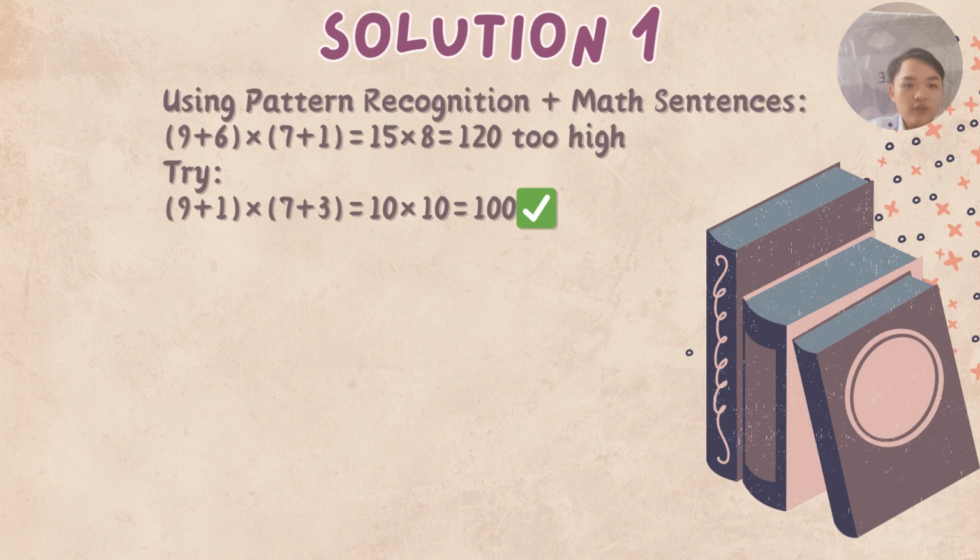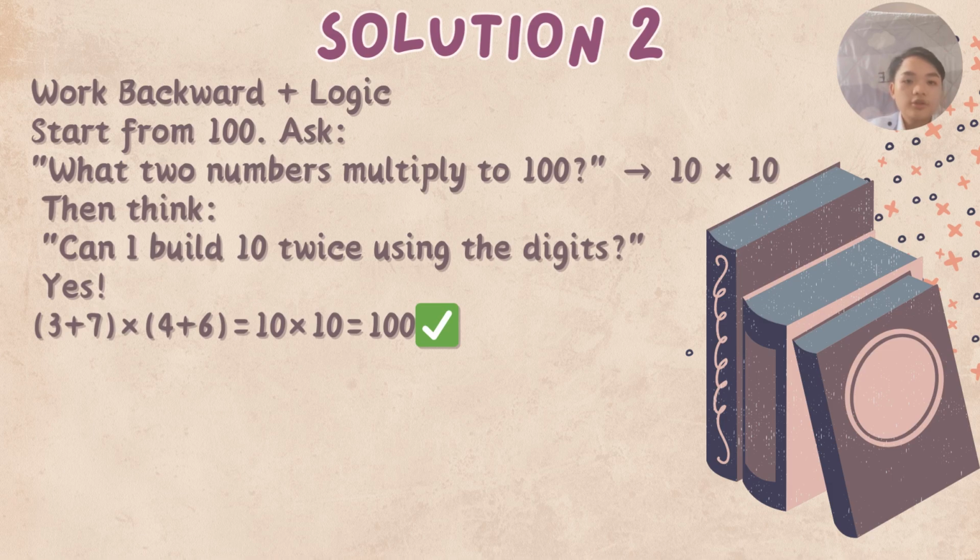This is too high, so we can try 9 plus 1 times 7 plus 3, and we get 10 times 10, and the final answer is 100, which is the result that we want.